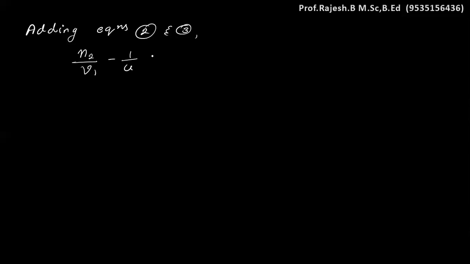For that LHS, I'm adding the equation 3 LHS, plus 1 by V minus N2 by V1, is equal to N2 minus 1 divided by R1, plus N minus 1 divided by minus R2.